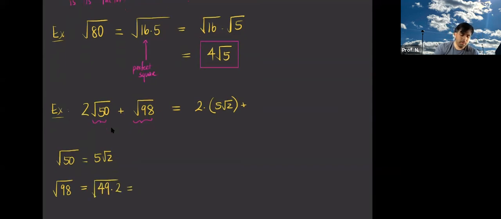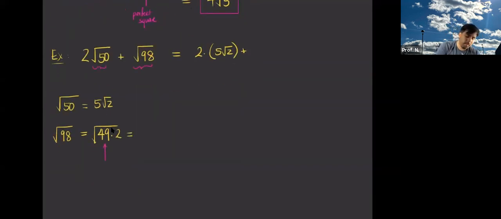And 49 is a perfect square. So this would be the square root of 49 multiplied by the square root of 2. The square root of 49 is 7, so 7 rad 2. So look what I got: plus 7 rad 2.